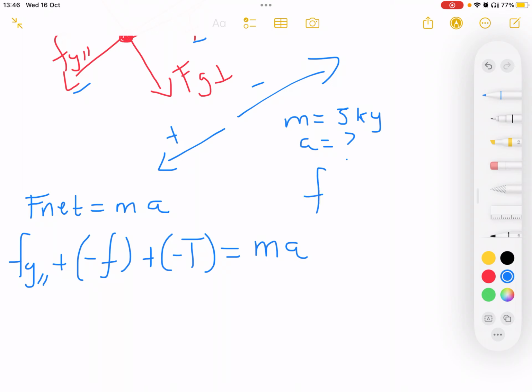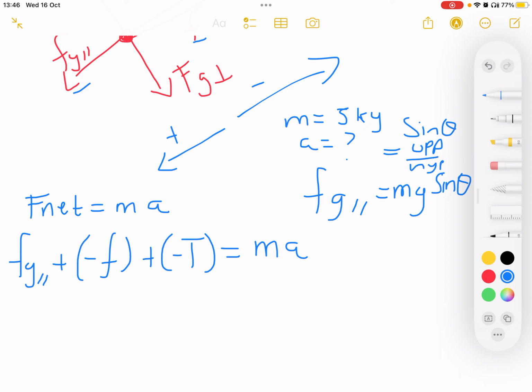Fg parallel is equal to mg sine of theta. And if you know, sine is given by SOHCAHTOA, which is what? The opposite side over the hypotenuse.